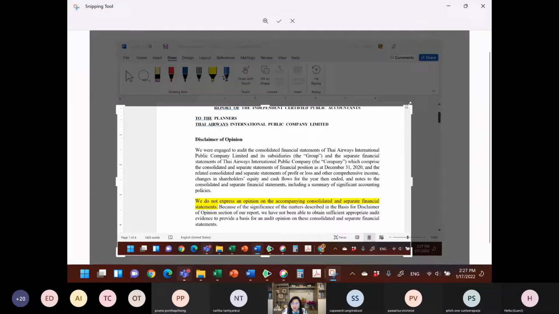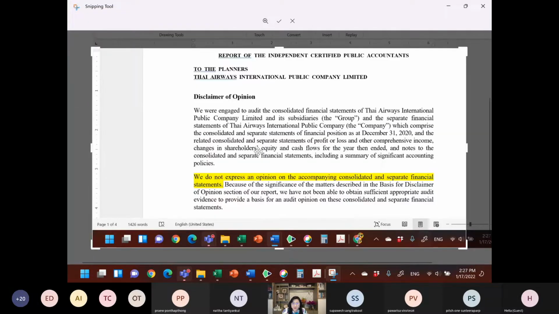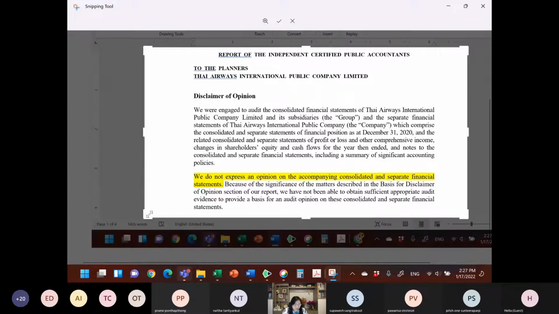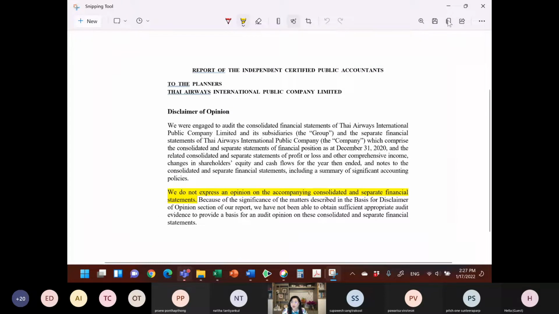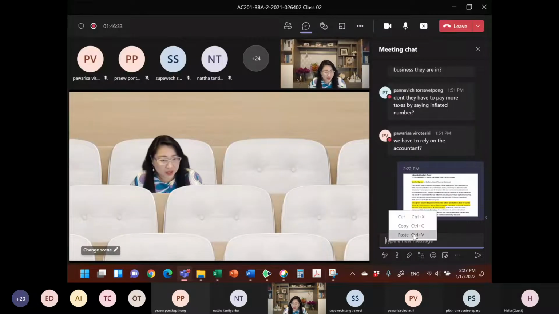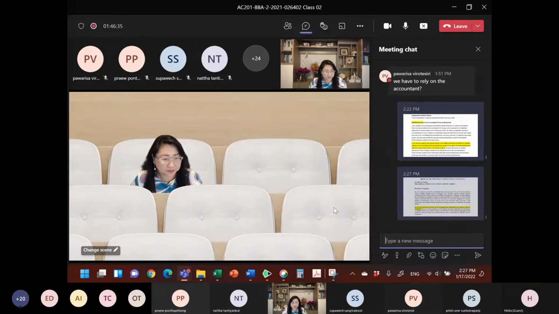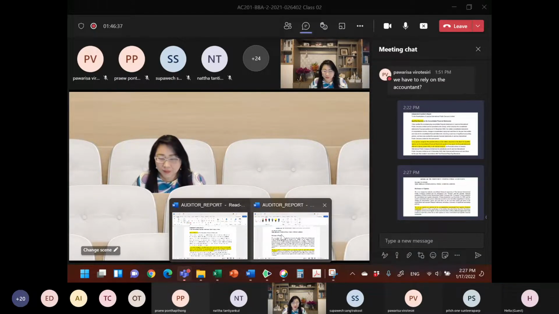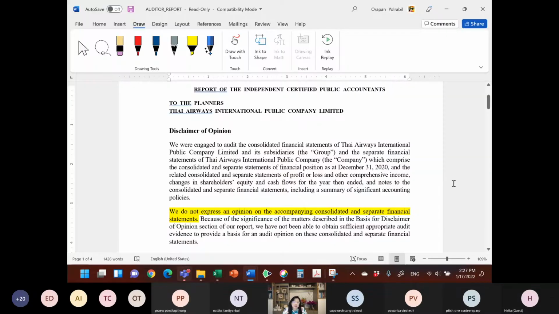So we get to see this report by the Thai auditors of Thai Airways. Okay, so for Thai Airways, this is a disclaimer, as you can see.